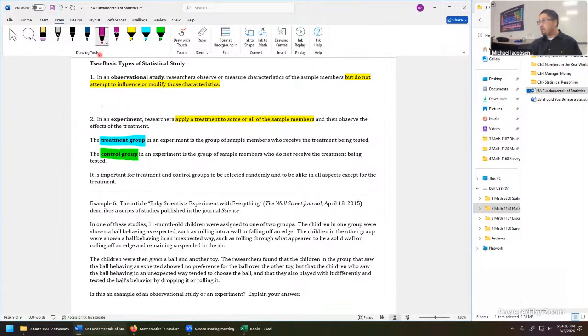A bona fide experiment must have a control group.